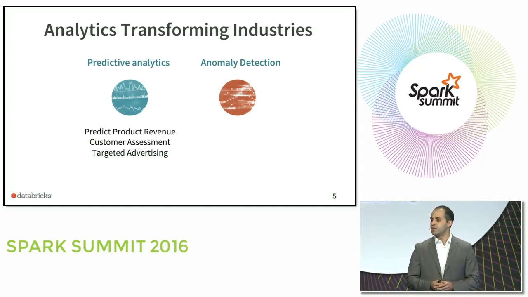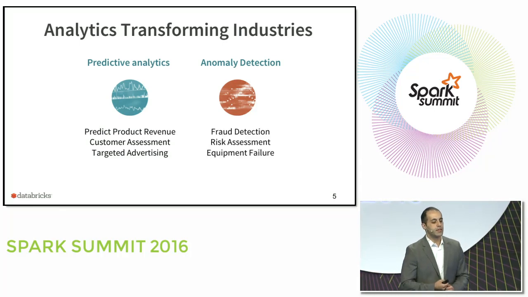Customer assessment. You want to figure out if a customer is going to churn or not, or whether you should have a particular campaign for this particular segment. And you want to figure that out automatically using these same techniques that you saw on the previous slide. Maybe you want to figure out who you're going to advertise to, or if you're going to launch some particular campaigns. So all of these leverage data, and they're based on the same advanced analytic methods.